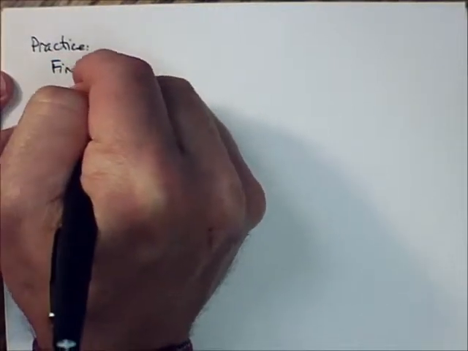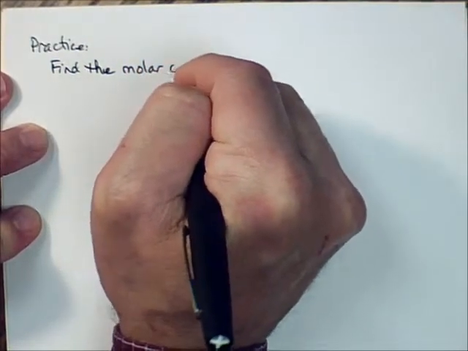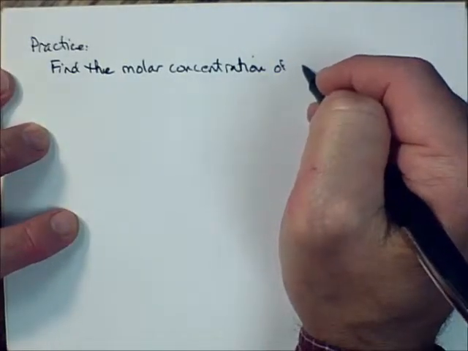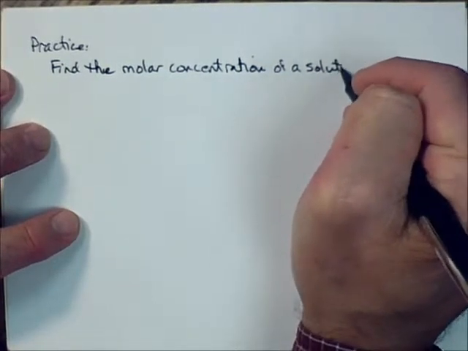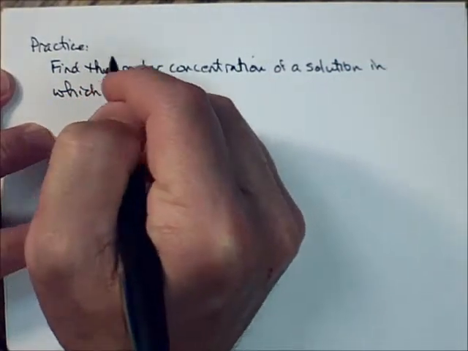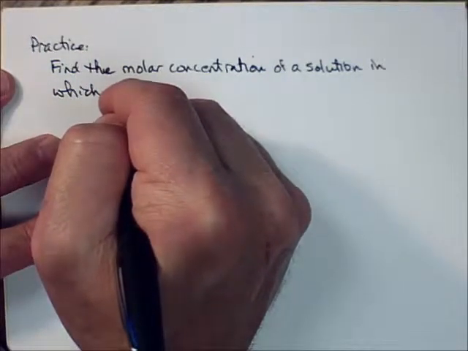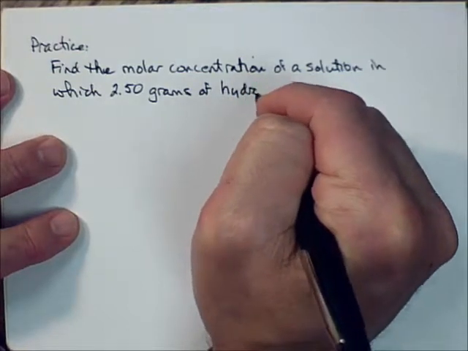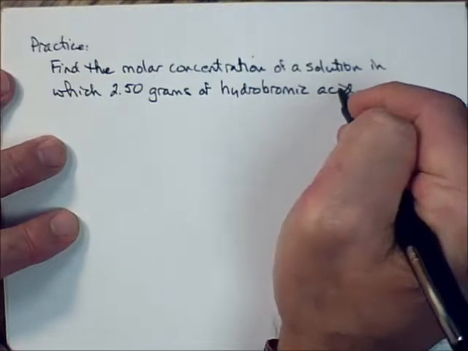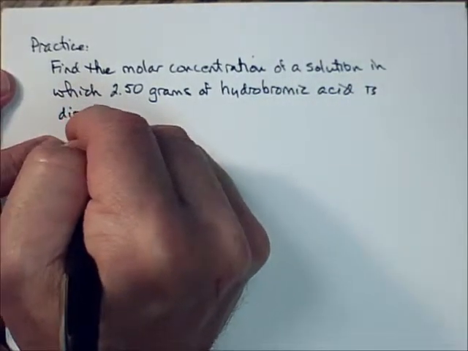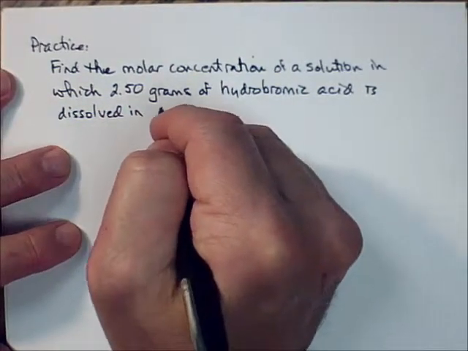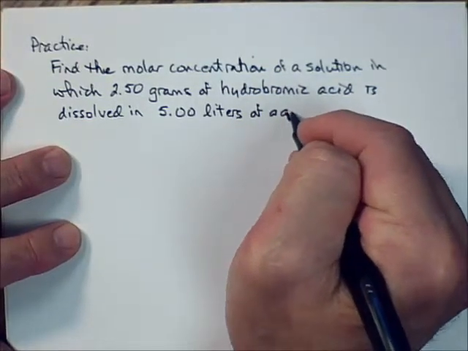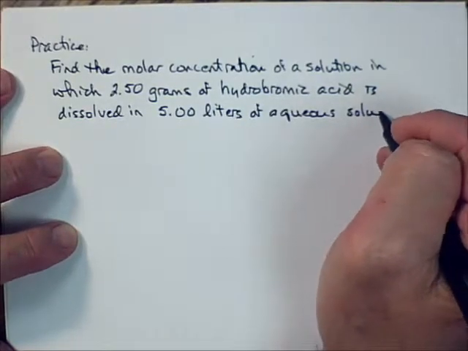Let's find the molar concentration of a solution in which 2.50 grams of hydrobromic acid is dissolved in 5.00 liters of aqueous solution.